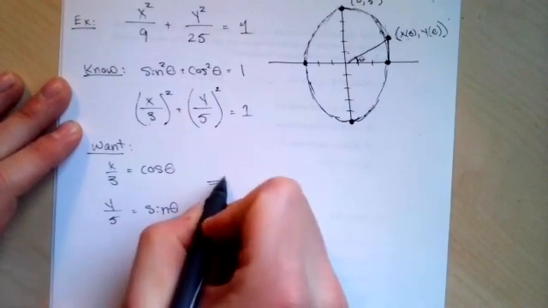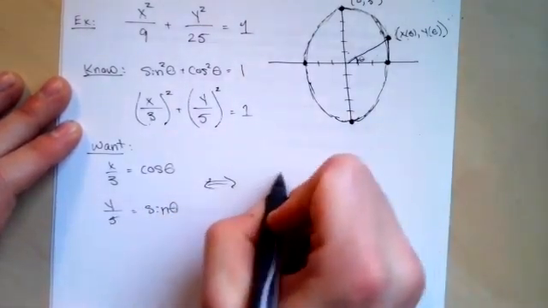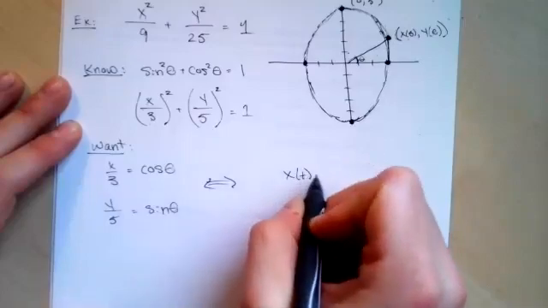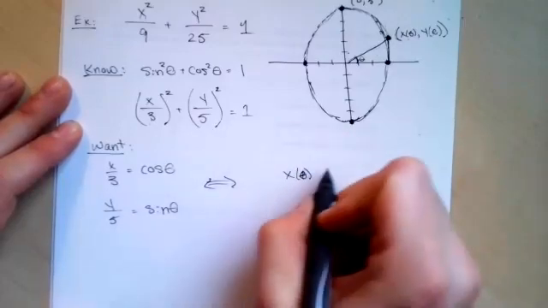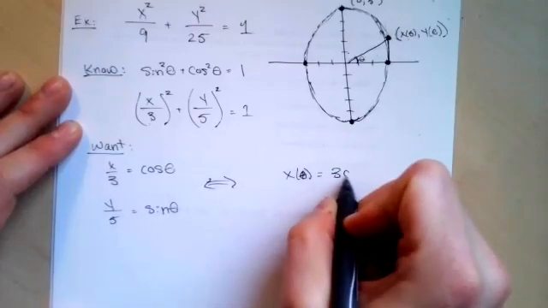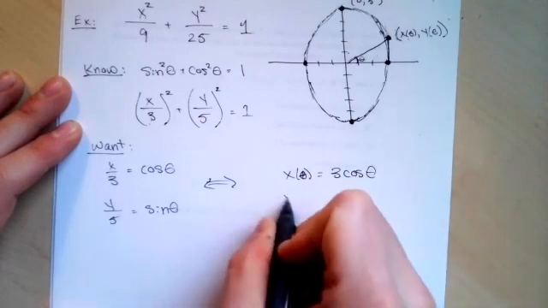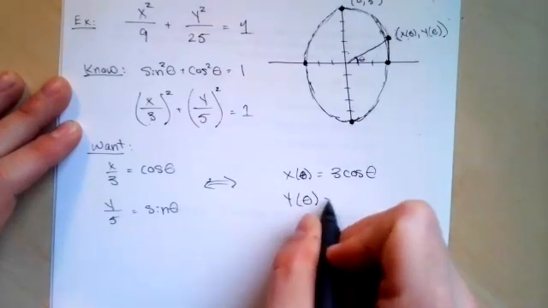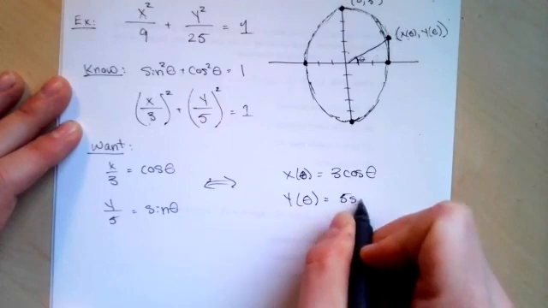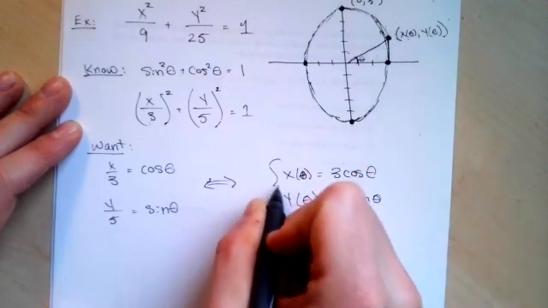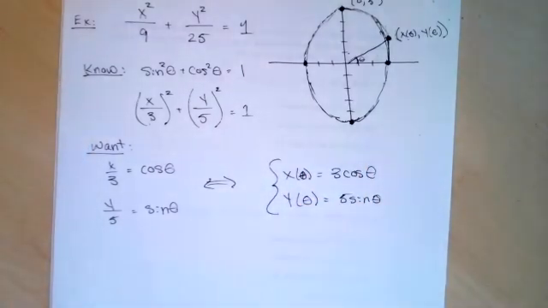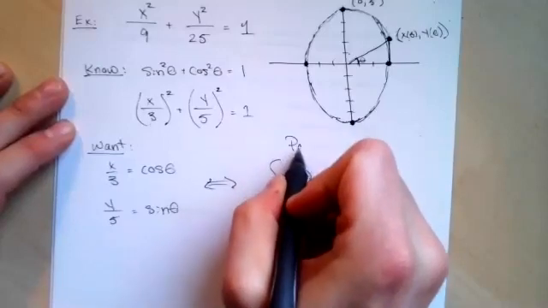And so what is our parametrization going to be? Our x of theta, I wrote a t, is just 3 cosine theta, and y of theta is 5 sine theta.